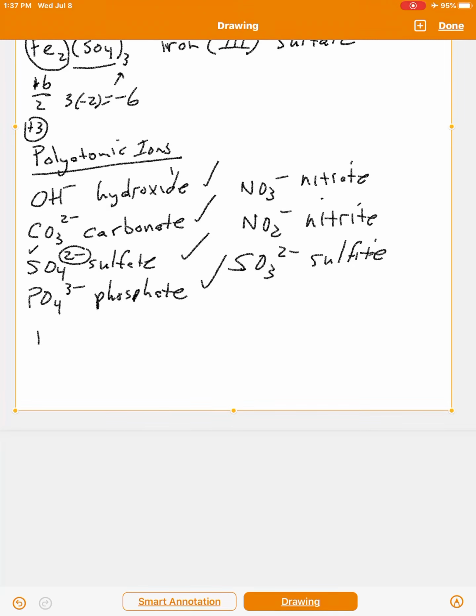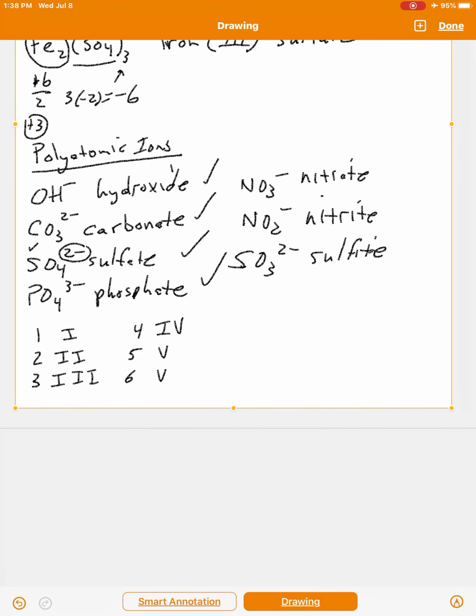For 1, the Roman numeral system is a capital I. 2 is capital I, capital I. 3, capital I, capital I, capital I. 4, capital I, capital V. 5, capital V. 6, capital V, capital I. 7, capital V, capital I, capital I. Right?